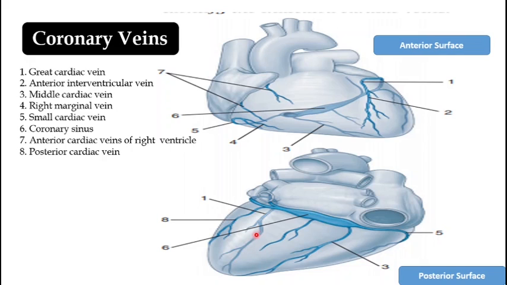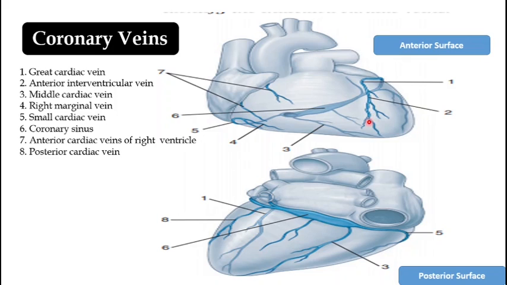Therefore on the posterior surface diagram they are shown lighter in color. Now let's discuss the different coronary veins which are present on the anterior surface and on the posterior surface. So first we will understand the coronary veins which are present on the anterior surface of the heart.